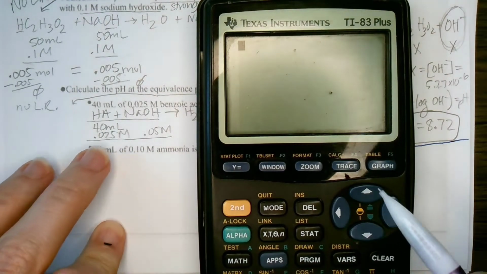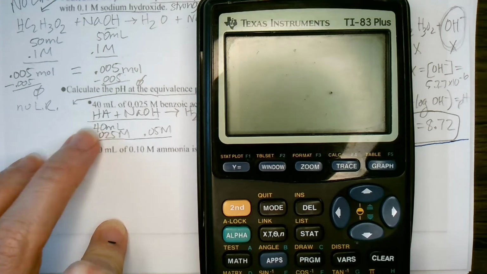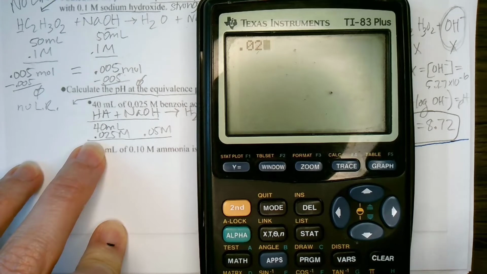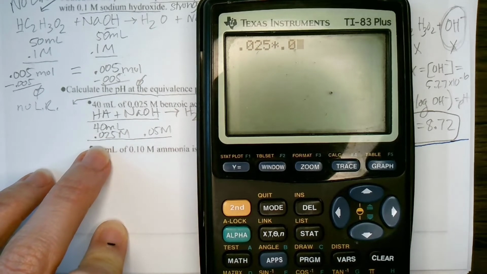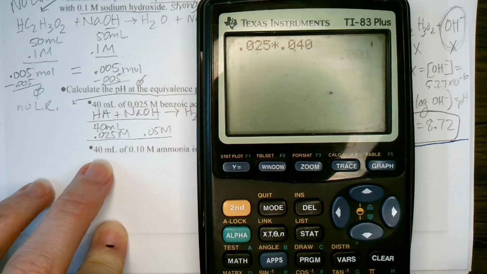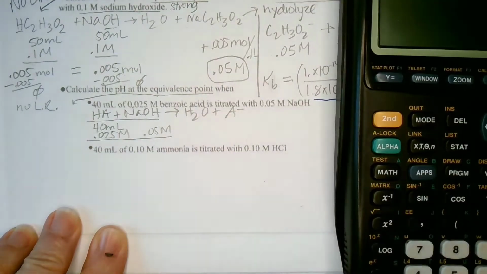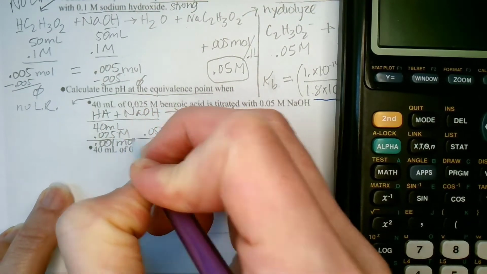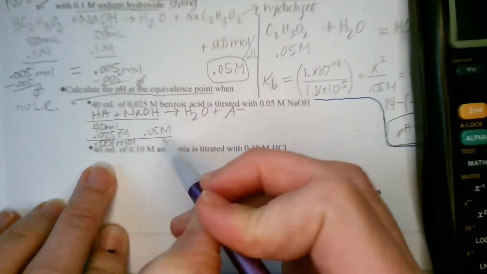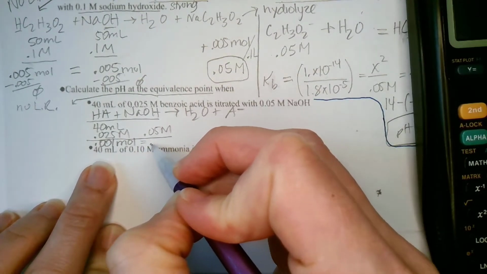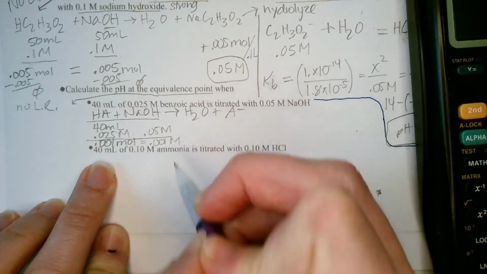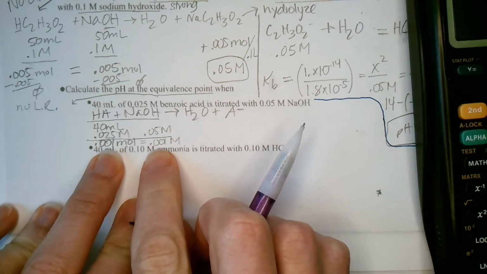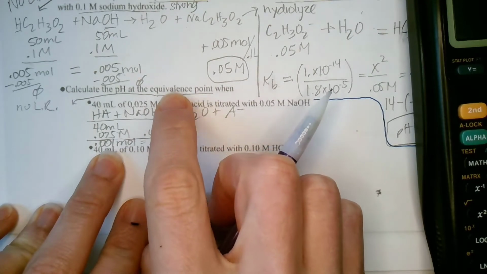To find moles of acid, I just need to do my volume times my concentration. So 0.025 times 0.040 liters gives 0.001 moles. Again, we know that we have to have 0.001 moles of my NaOH because I don't want any limiting reactants here. That's how we're going to find the equivalence point.